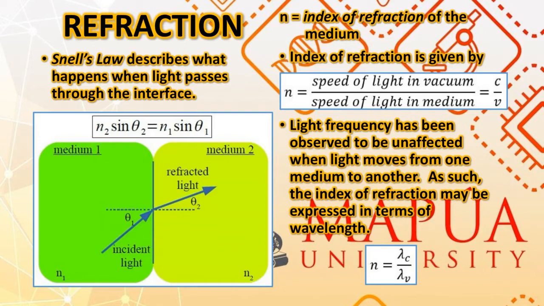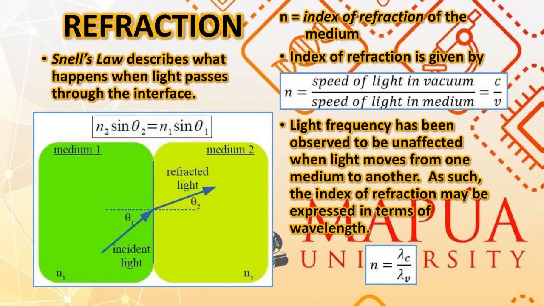Theta 2, angle of refraction. And the change in the angle values is described by the following equation, the law of refraction. N2 sine theta 2 is equal to N1 sine theta 1, where N is the index of refraction of the medium.